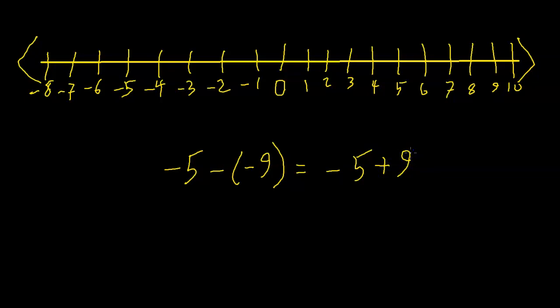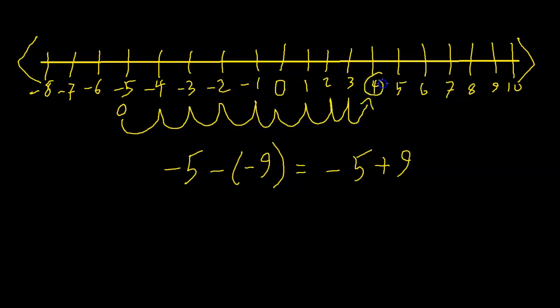So we have negative 5 plus 9. Start at negative 5. We're now adding, so we're going to the right 9 spaces. So start at negative 5 and move 1, 2, 3, 4, 5, 6, 7, 8, 9. Where do we end up? We end up at positive 4. So negative 5 plus 9, which is the same thing as negative 5 minus negative 9. The answer is positive 4.